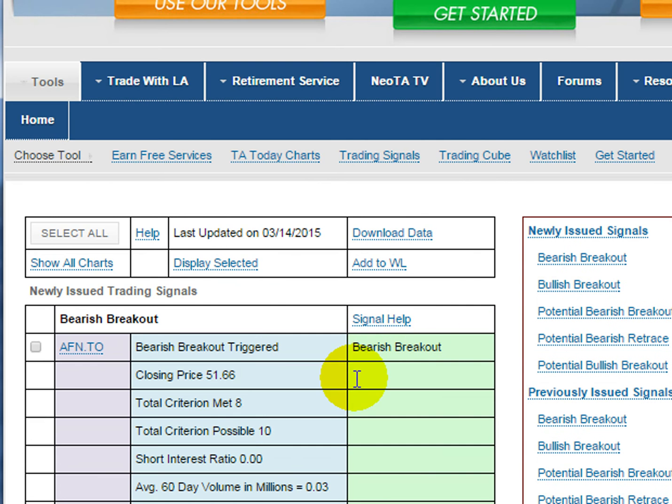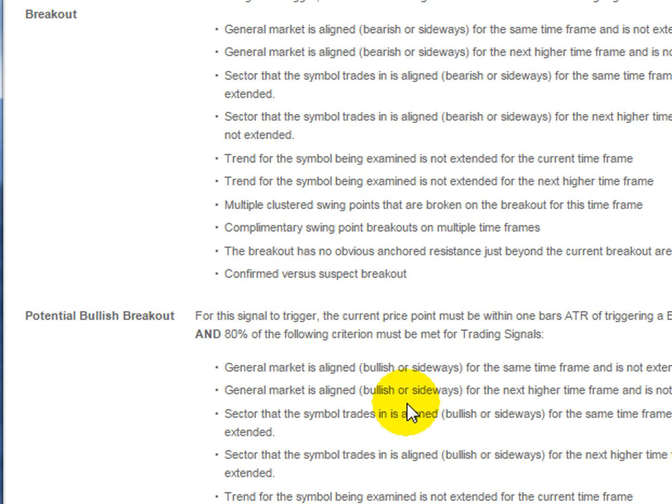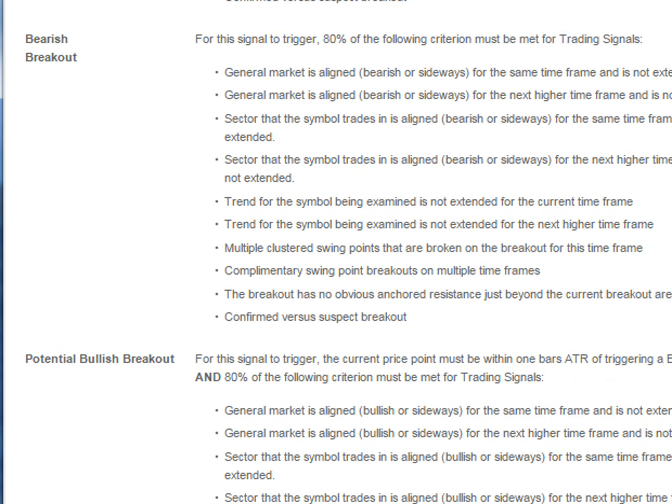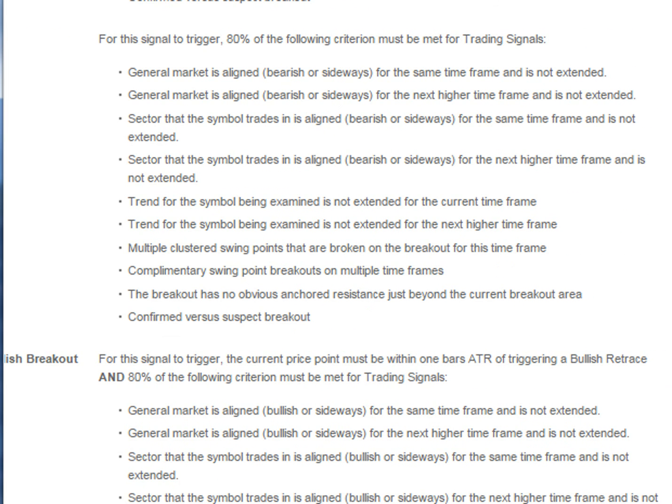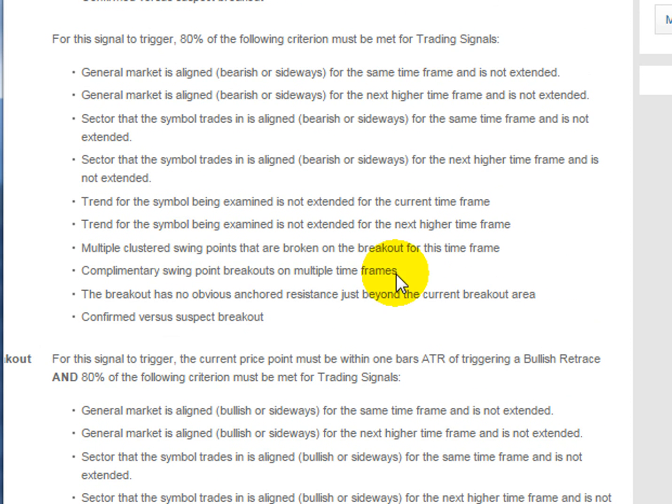Now, if you want to understand what those criteria are, you want more details, you just click here on Signal Help. It will actually pop you to, in this case, a bearish breakout, and tell you what all the criteria were that needed to be met. And it said it met 8 of the 10, 8 of these were met. And so you can see the details of how these signals are generated.